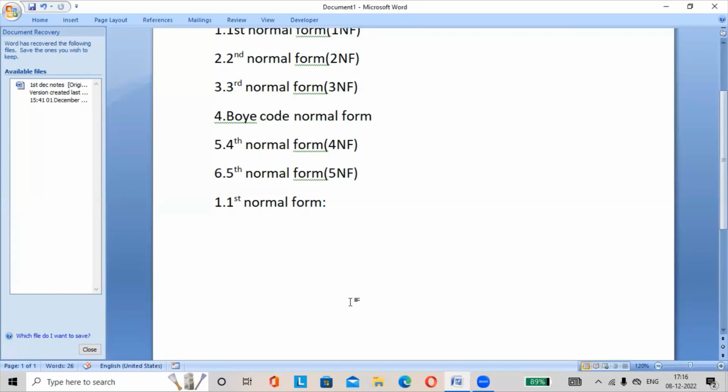Yes, ma'am. Okay, I'll write some information here. Table design must be scalable. What is the meaning of scalable? Which can be easily extended.